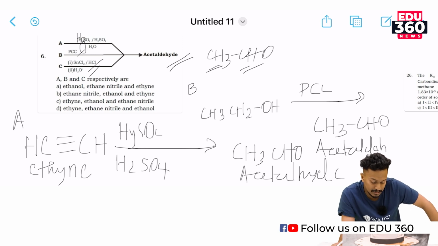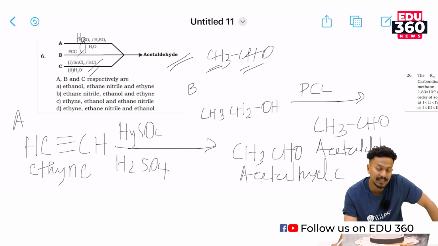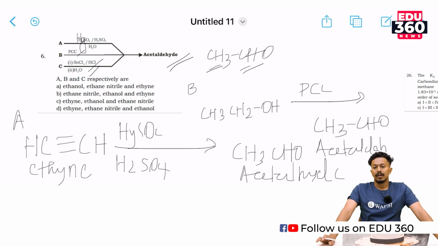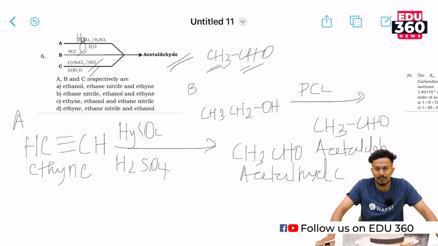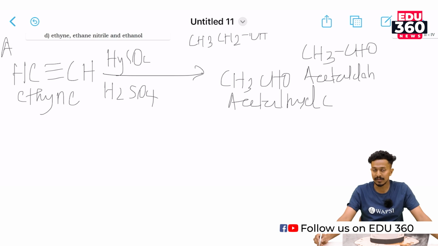When C is treated with stannous chloride, SnCl2, and HCl, have you heard of any named reaction where we use SnCl2? We use stannous chloride in Stephen's reaction. We have studied earlier that when an alkyl nitrile is treated with stannous chloride and HCl, we get an aldehyde.